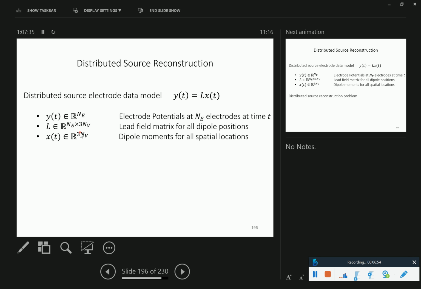Of course, now also the moments are to be evaluated for each dipole, and this is where the many parameters come in. So maybe I should change my pointer here.